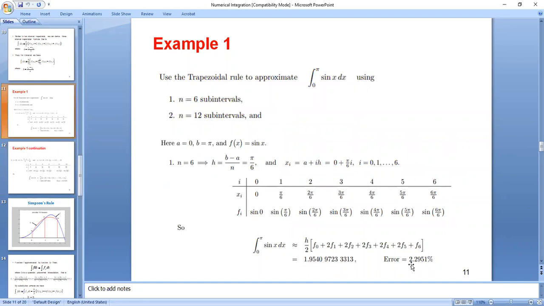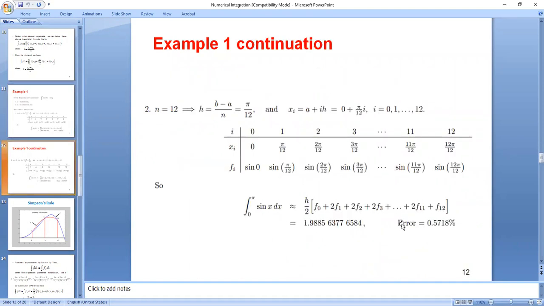Error here is 2.29 or 2.30%, whereas for the 12 divisions, you have 0.5718%. So the one that made use of more divisions of trapezoids had a more accurate answer than the one that used 6. So the more divisions, the more accurate is your approximation.